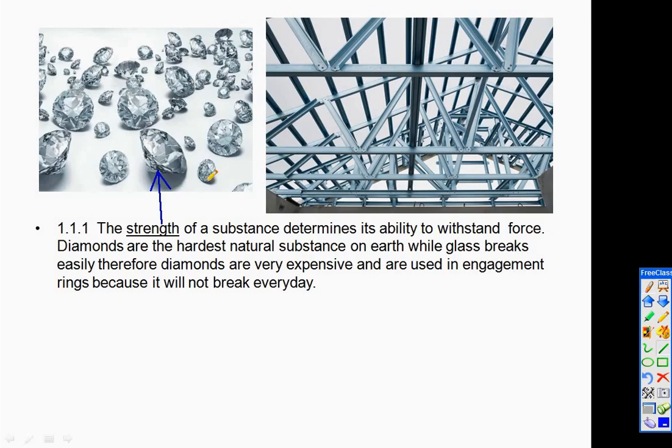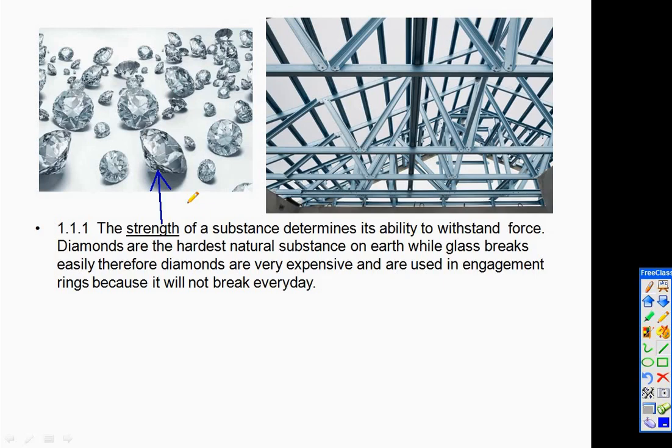Diamonds are the hardest natural substance that we find on earth. That's why we put diamonds in diamond rings, so that the diamond doesn't scratch over time. If I have it for 60 years or 100 years, I make sure that the diamond will never scratch during that time. That is why it makes it such a valuable material.